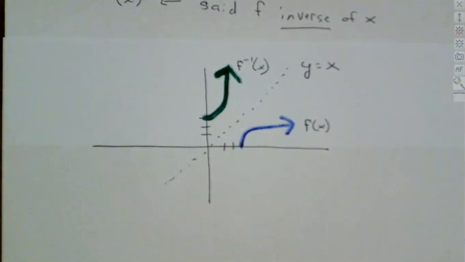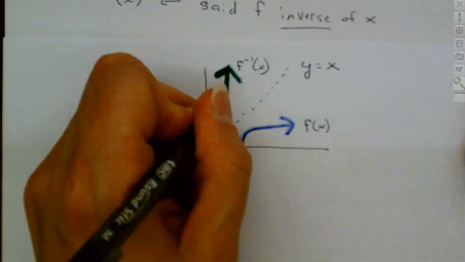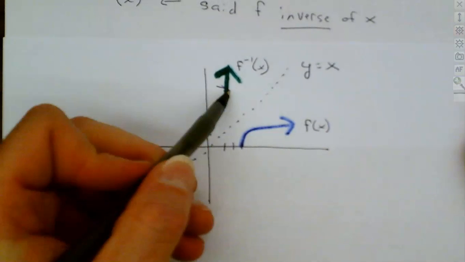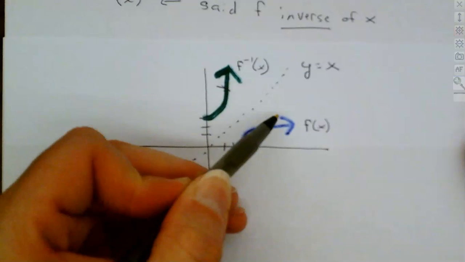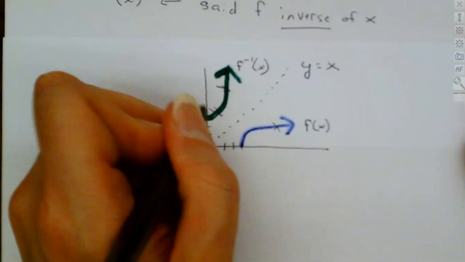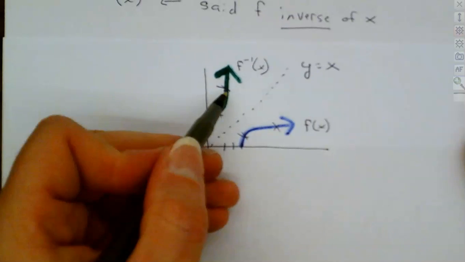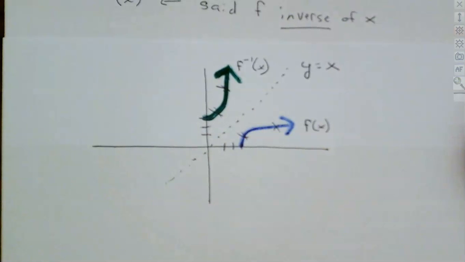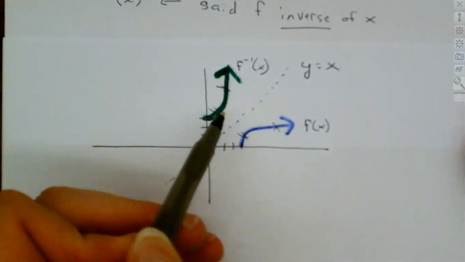So look at what happens when I fold them over. This point, if I'm right here on this graph, every point is going to match up. This point here, if I fold it across the dotted line, see, it's going to match there. This point would match up down there. All of it matches up because every piece folds over. So it folds over that dotted line.